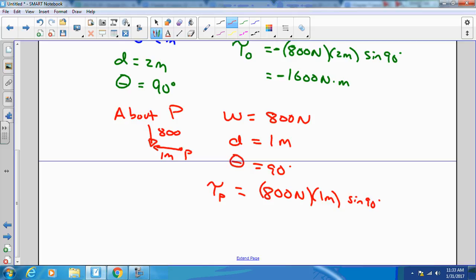What about the orientation? The orientation now is causing this guy to rotate like this. That's going to be positive orientation, counterclockwise. So I'm going to put a plus sign on that. And what I get is positive 800 Newton meters.